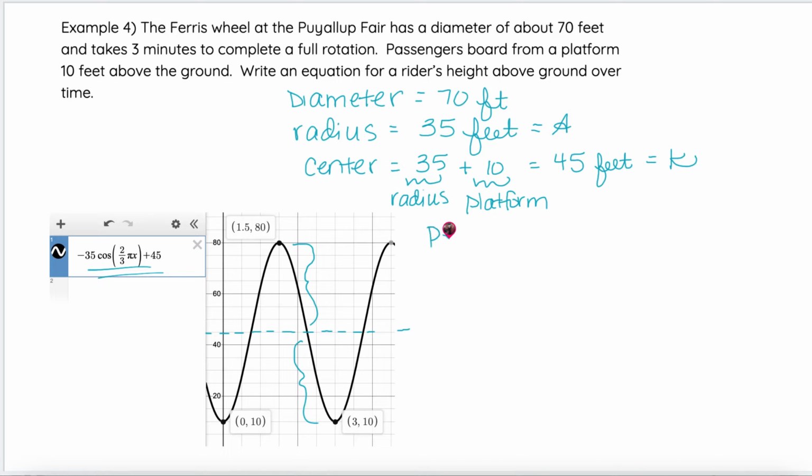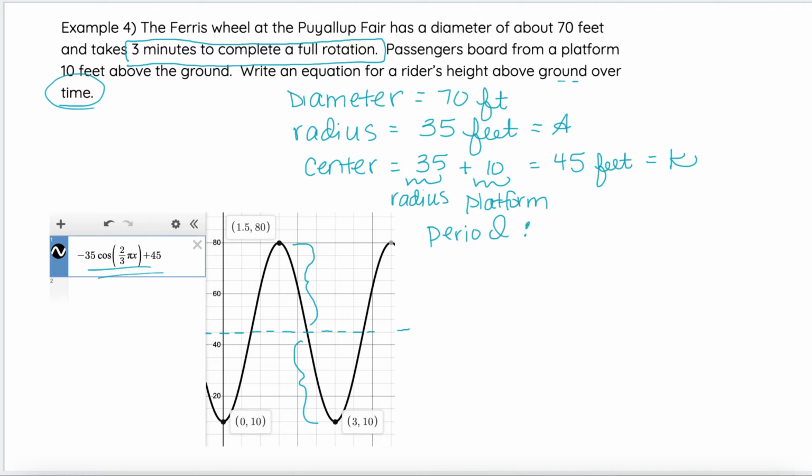Our period we have to figure out here is taken because it takes 3 minutes to go a full rotation. So it takes 3 minutes to make one cycle through. Since our x value is time, it takes 3 minutes to complete one pattern. So our period in this instance is 3.